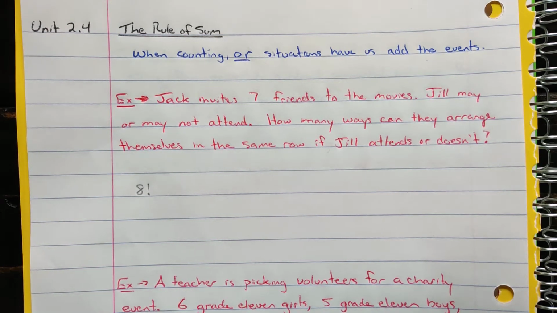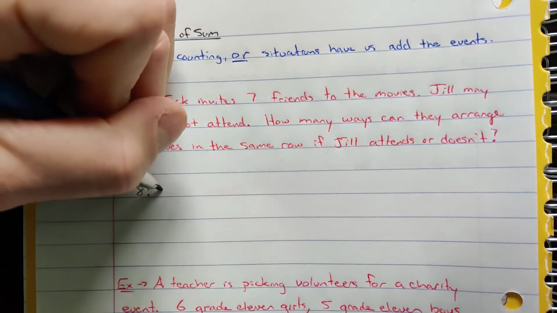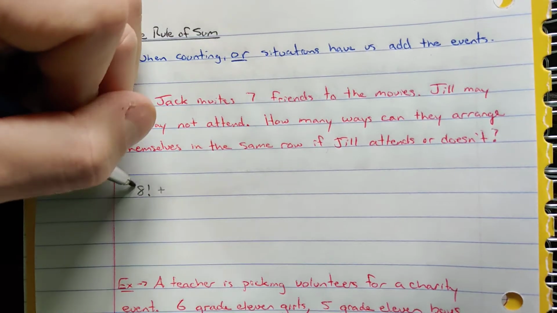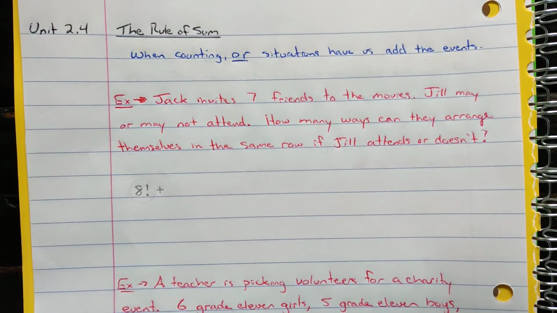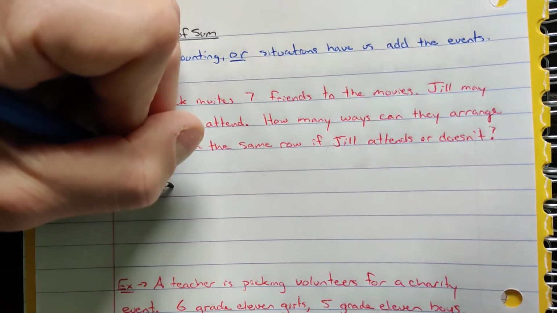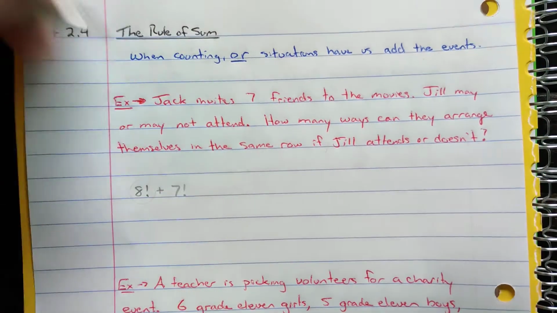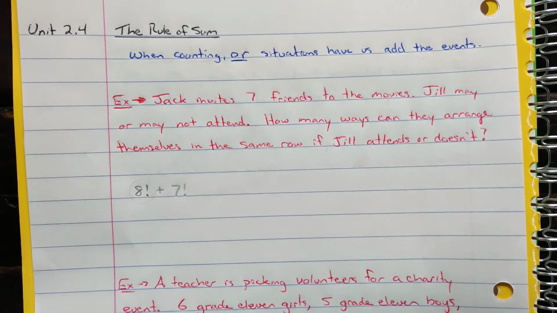If Jill doesn't attend, then it'll be Jack and 6 friends, so we'll have 7 factorial. So 8 factorial ways to arrange the group with Jill arriving, and then 7 factorial ways of arranging if Jill doesn't arrive.